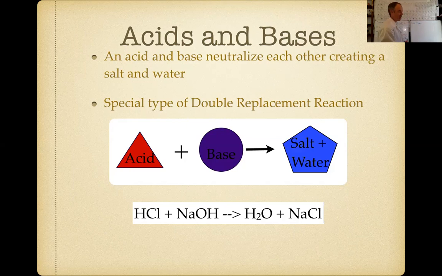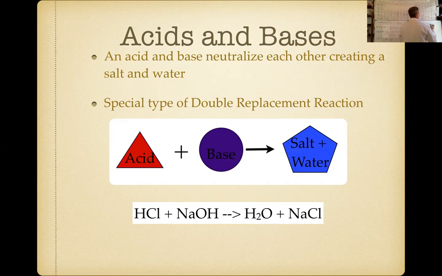And I have a story about this here, but so you have HCl plus NaOH. And it is a subtype of double replacement. So in double replacement, if you remember, the Na and the HCl switch, right? So they switch partners, and that's what happens here.